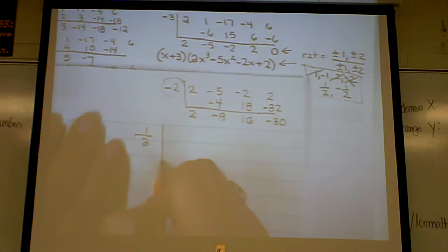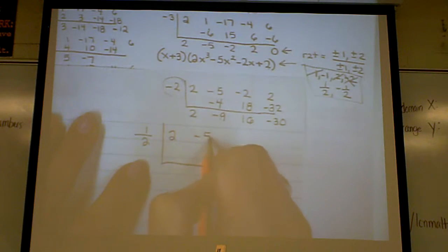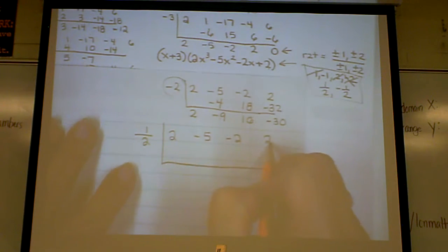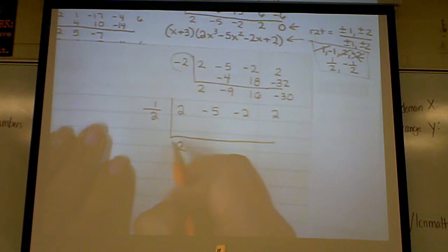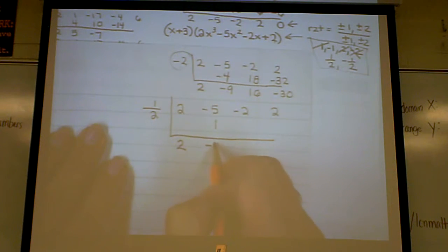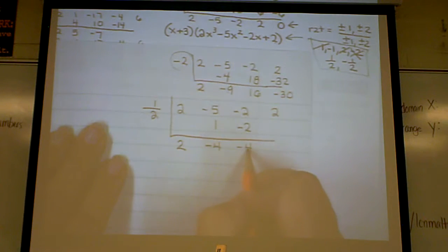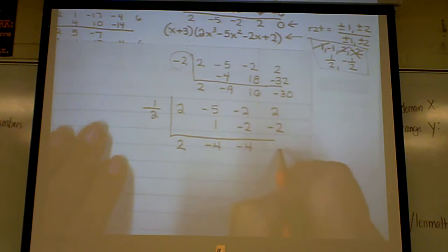1/2. Let's try 1/2. 2, -5, -2, and 2. Bring down the 2. What's 1/2 times 2? 1. Add these up. What's 1/2 times -4? Add these up. And there you go.